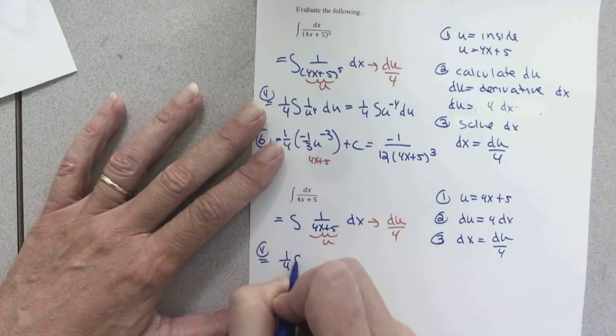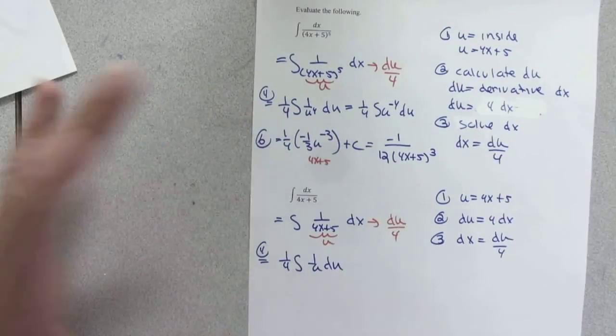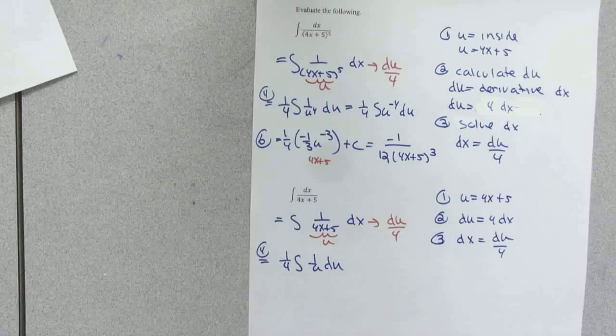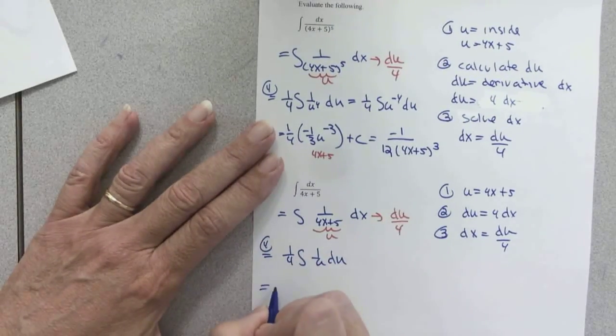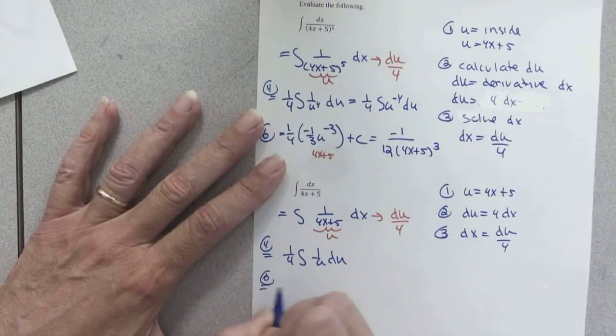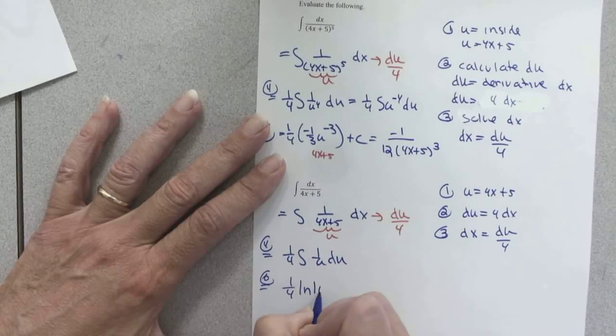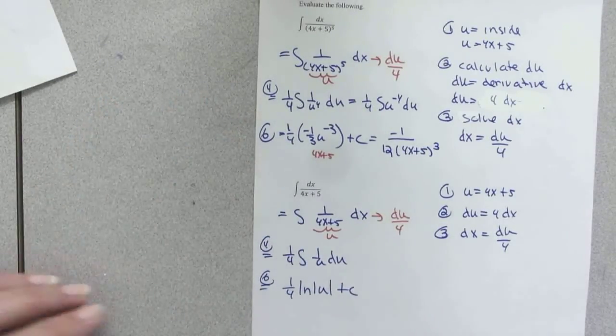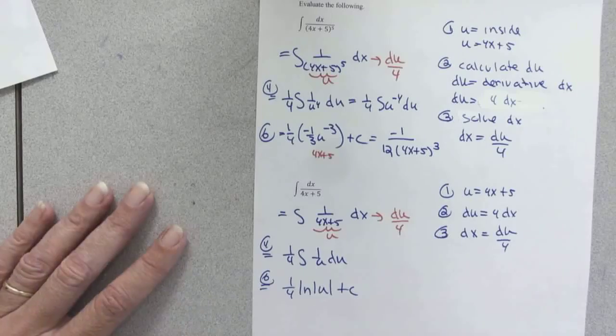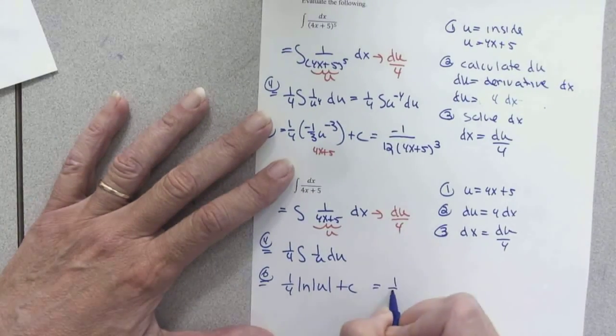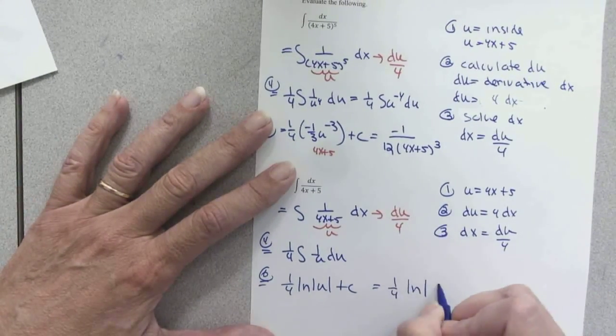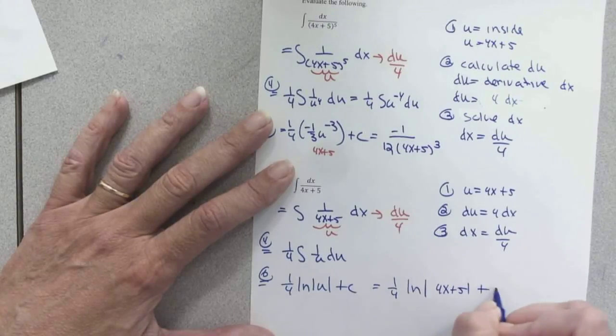So I get 1/4, 1 over u du. And that's one of my absolute known forms. That integrates to the natural log of the absolute value of u, and I will throw in the absolute value. I will be better than what my notes said. And then 1/4 the natural log of 4x plus 5 plus c.